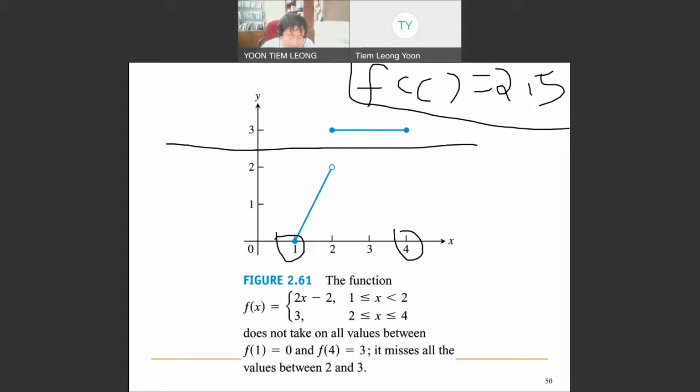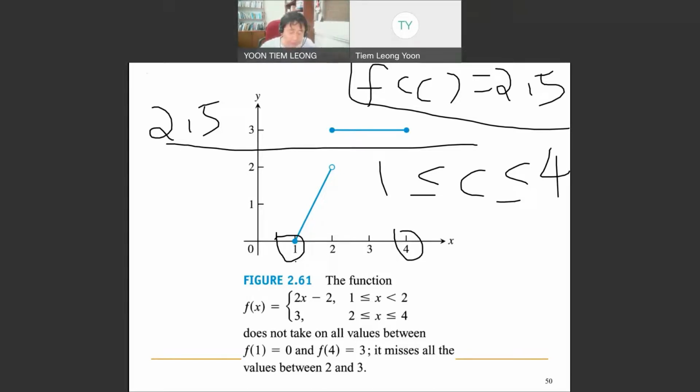You can't find any value of c between 1 and 4 that allows f to equal 2.5, because 2.5 is not in the range of the function. Okay, so this is a counterexample.